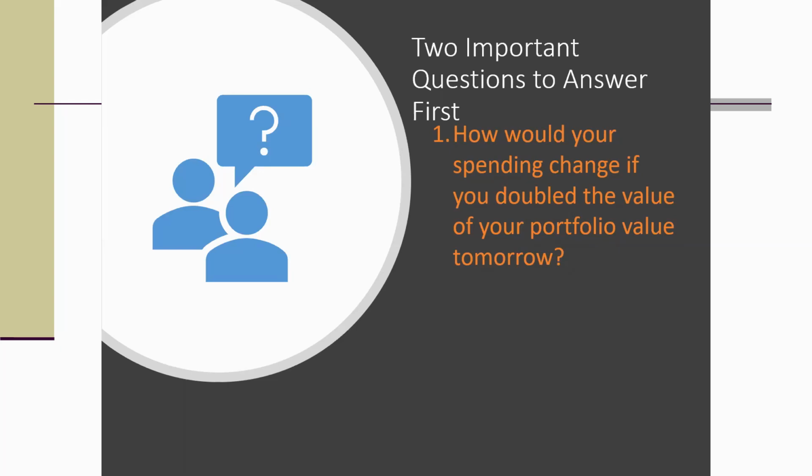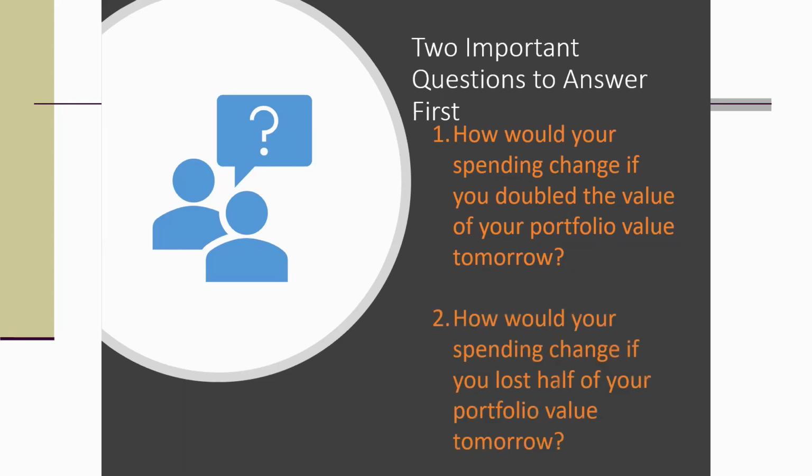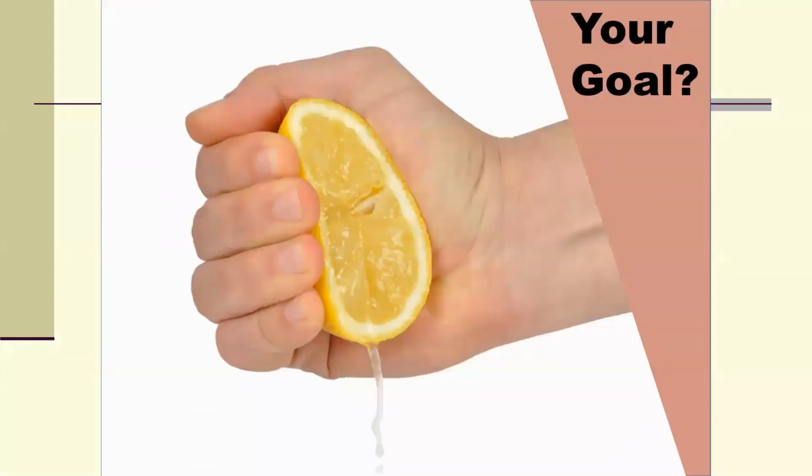Would you double your spending? On the other hand, how would your spending change if you lost half of your portfolio value? So the way you answer those questions is really going to tell me whether you're more interested in the probability-based approach or the safety-first approach.